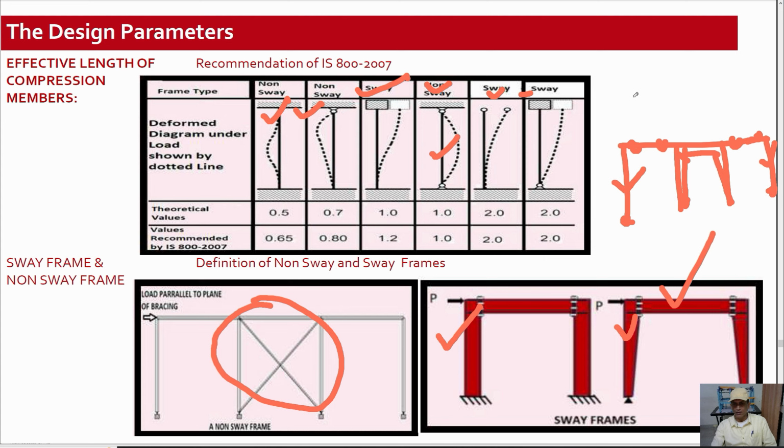To do that, you can make a simple plane frame model and just see whether the frame requires a P delta analysis or not.